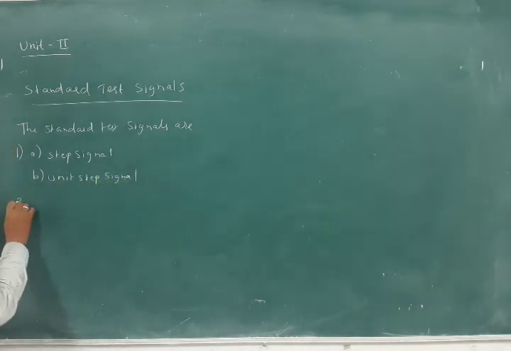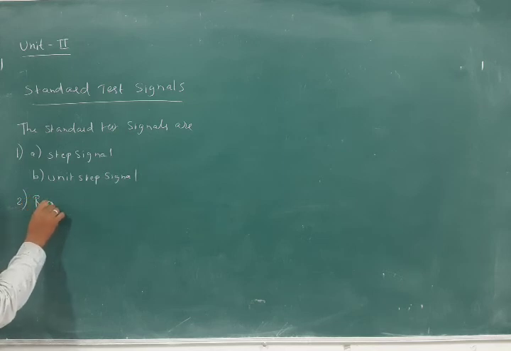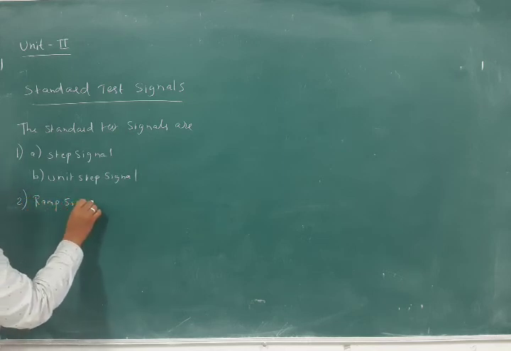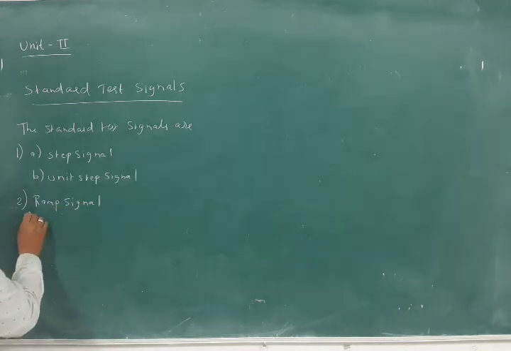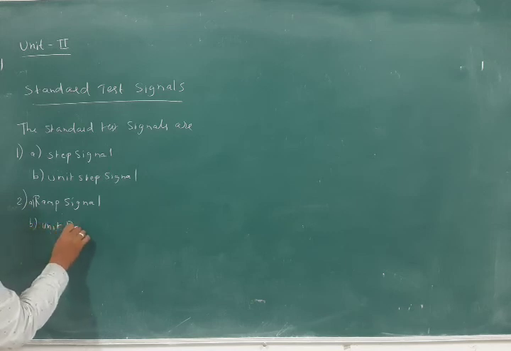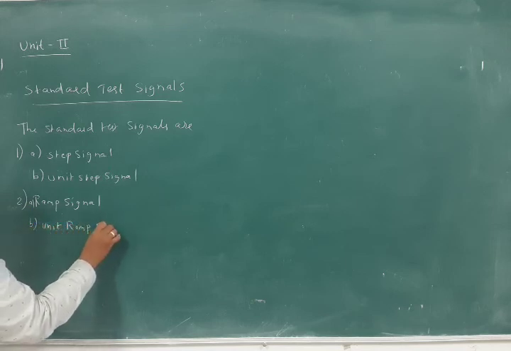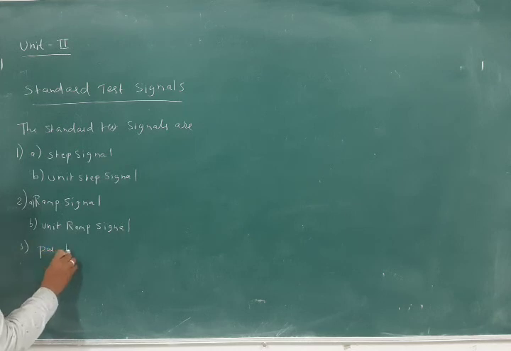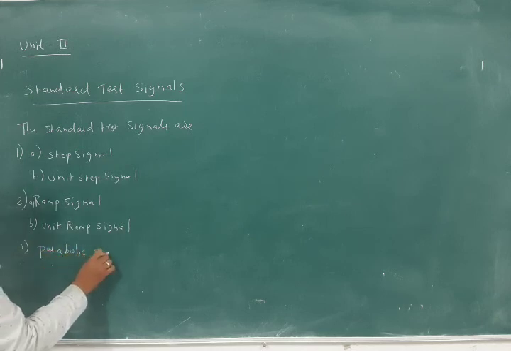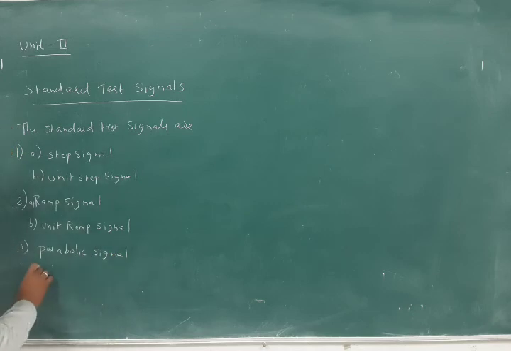Next is the ramp signal, A, and the unit ramp signal, B. The third one is the parabolic signal and the unit parabolic signal.